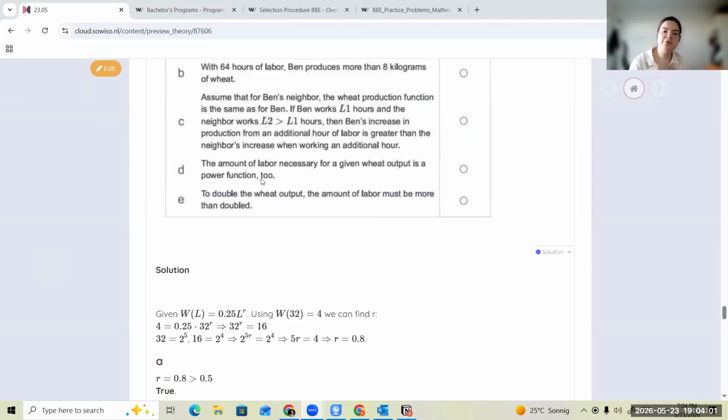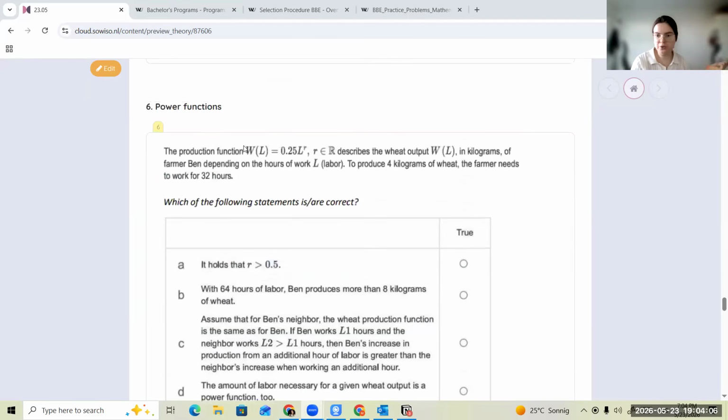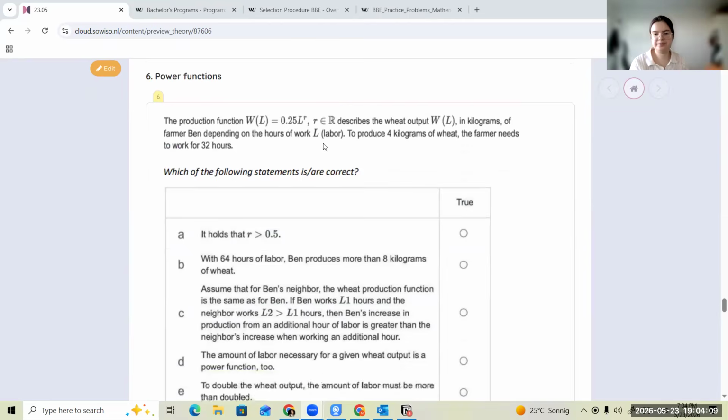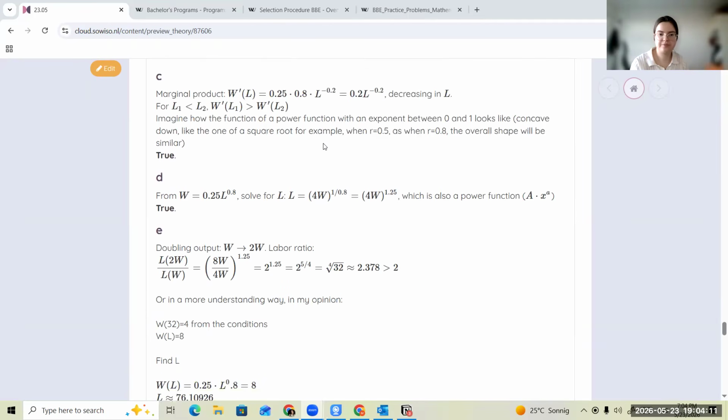Then this part, the amount of labor necessary for a given wheat output is the power function too. So we're going to be switching W and L sides. Here we have the original function, and now we want to transform it for L. So L stays, then you have W over 0.25, same thing as for W. And then you take the root of 0.8 of both sides.